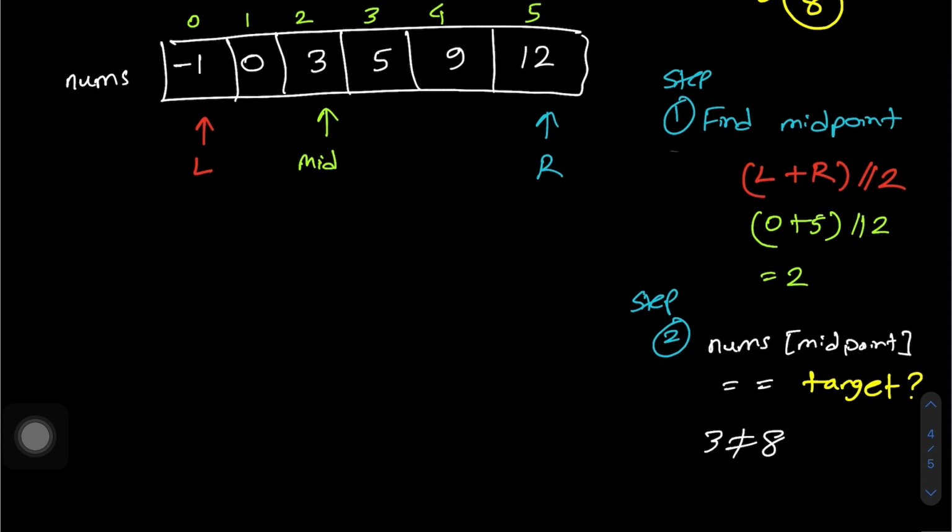If the input array is sorted and we have not found our target value at the index that mid is pointing to, we now need to change our pointers, so we check: is this 3 greater than or less than our target value of 8? 3 is less than the target value of 8.